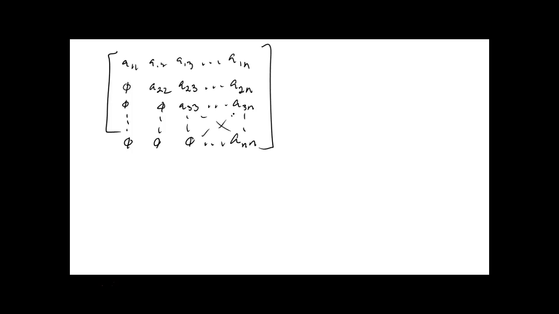Finding the determinant, what do you look for? Yeah, the row or column with the most zeros. And you have two really good choices here. What would they be? The first column or the last row, right? Because those only have one entry each. So I'm going to use this one.